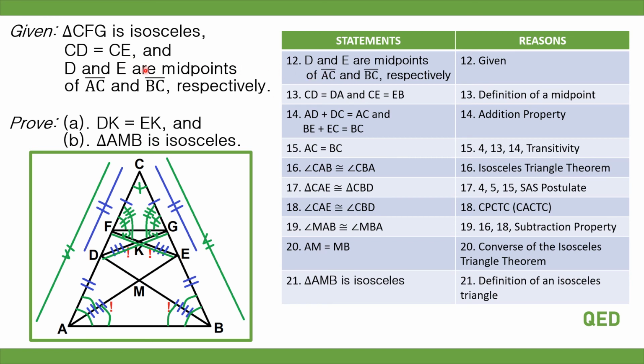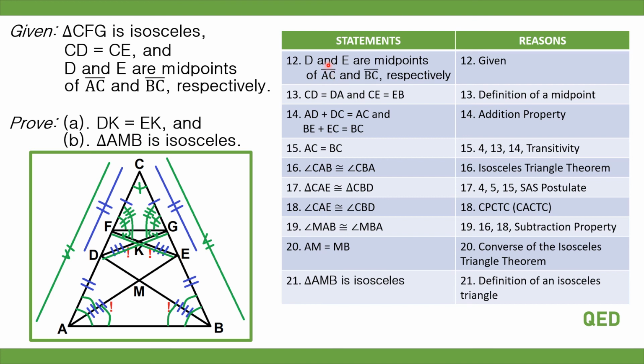Notice that this given was not included in our previous statements. It is because our focus was only on these two triangles, and the idea of AD and BE are not important yet. And so I reserve this given for this portion here.